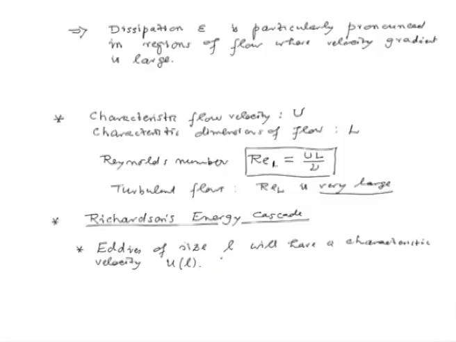So, what will be the characteristic time scale? Let us call it tau subscript L. This would be L divided by U of L.